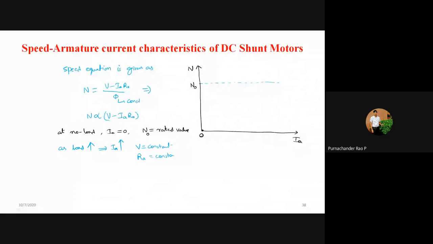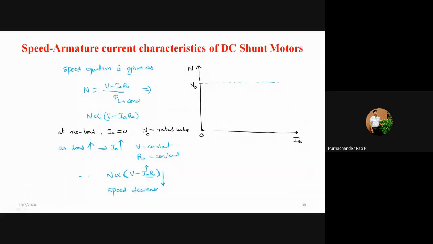Therefore, your speed N is proportional to V minus IA RA. As IA increases, the IA RA drop increases, but the net value, the difference, decreases. That means the speed of the machine decreases.